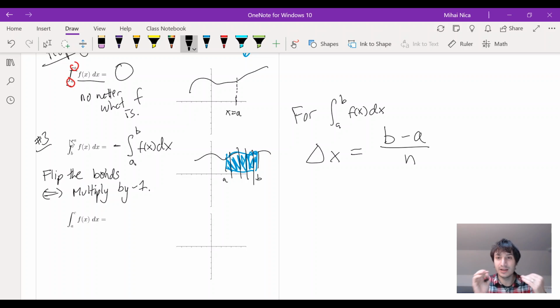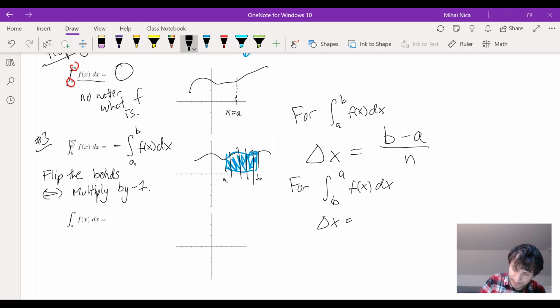And if you're going from a to b, that's b minus a divided by n. And then for the integral from b to a of f of x dx, delta x equals, the other way around, a minus b divided by n. And because the delta x values get flipped around with a minus sign, that is what causes this minus sign in the end. So this is why property 3 is true.